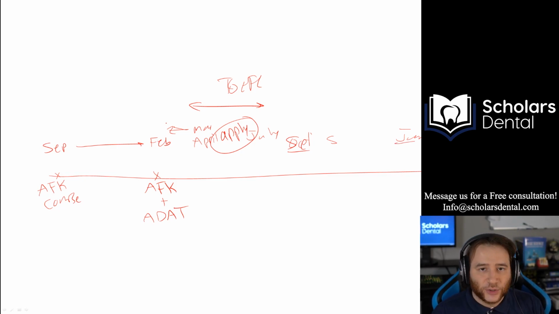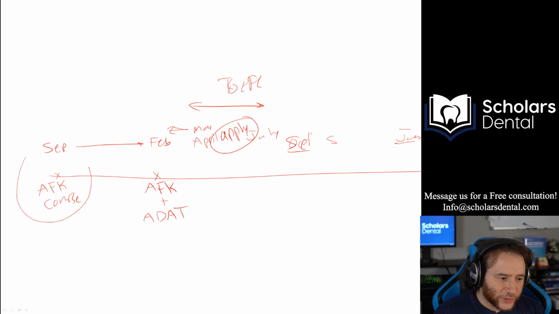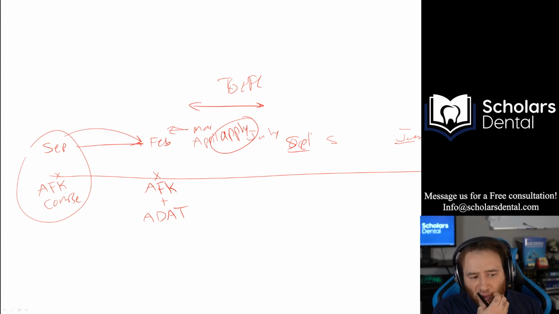So I think that's a good timeline to do it, so you don't waste too much time. You're preparing from here for the AFK and ADAT, because most people doing the ADAT are also thinking of AFK, like most likely they're doing AFK, right? Because the only universities so far that are taking ADAT that I know of are UofT and McGill.